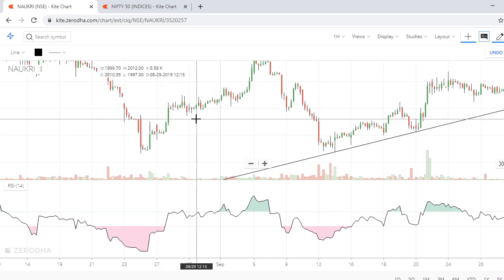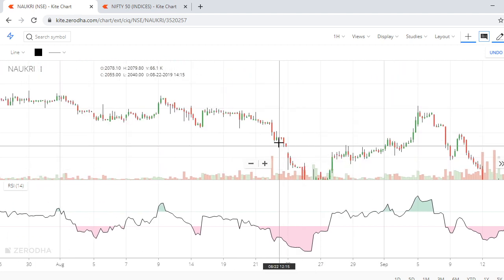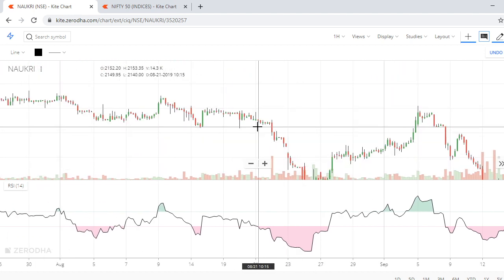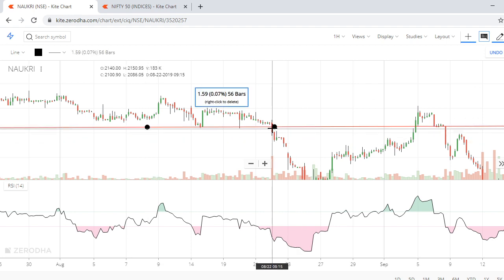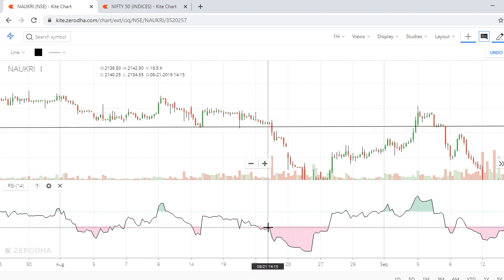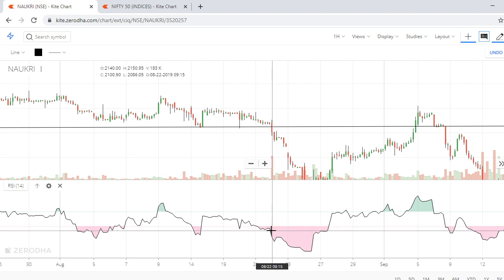Okay, now if you look here, let's suppose this is the support. Perfect, there it has broken the support at this particular level. Yes, here with a good volume, and it started dipping below.